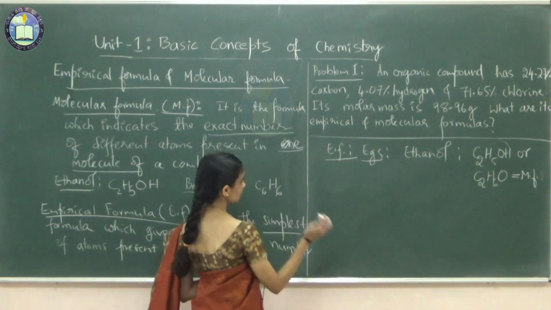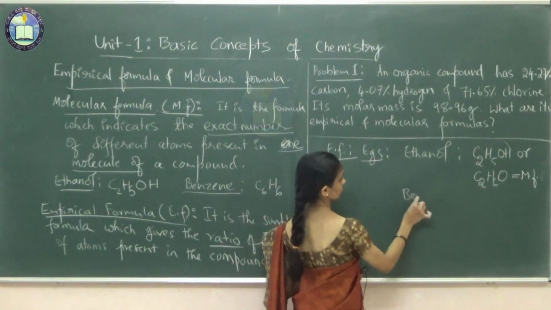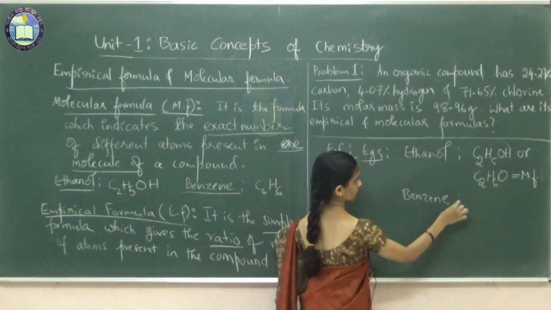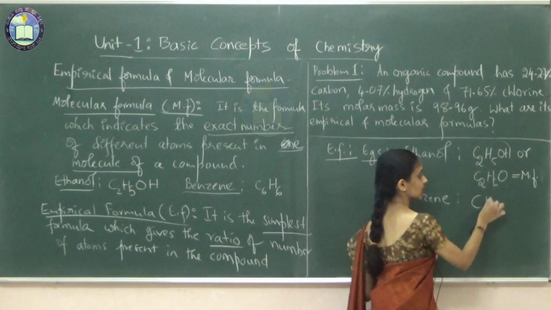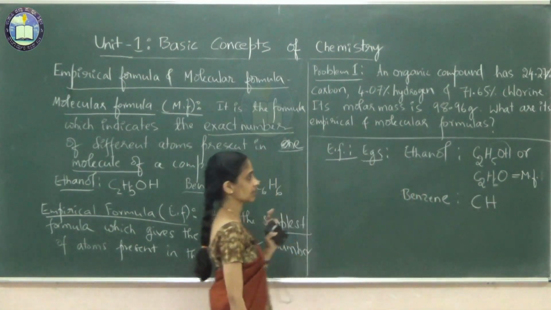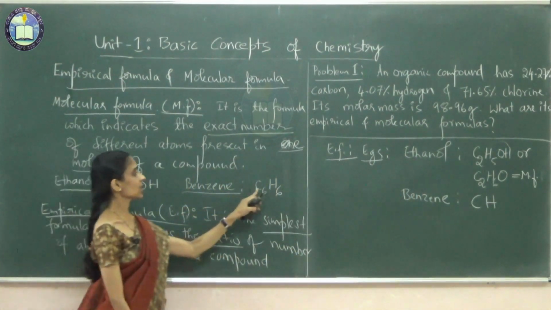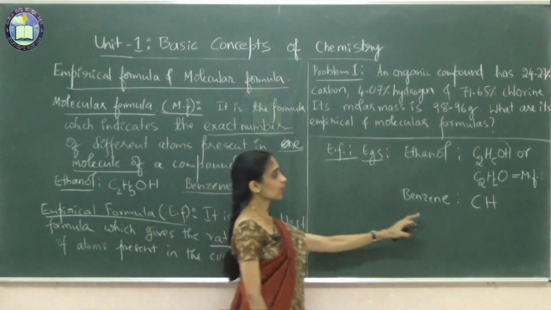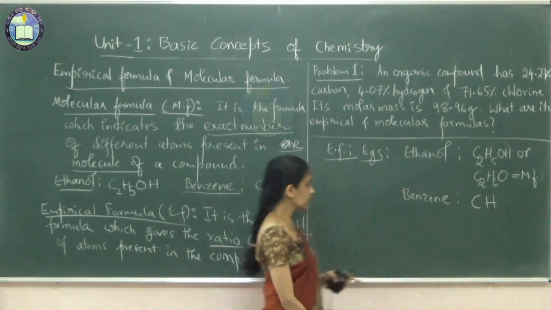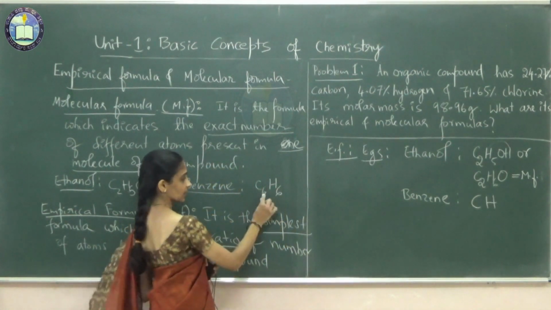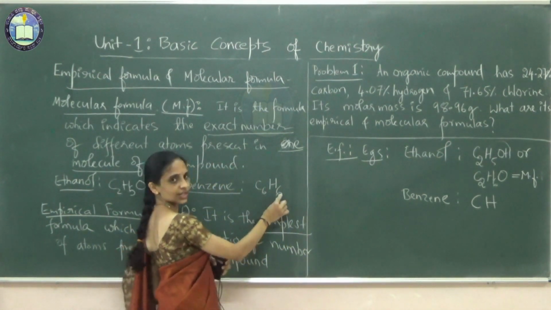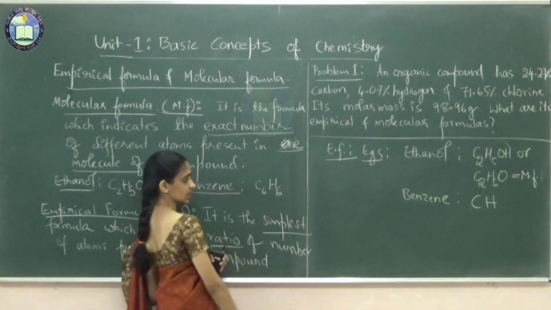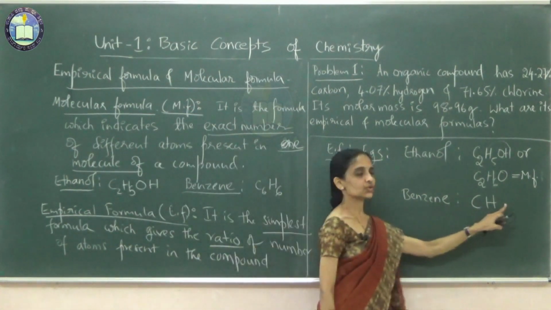But for benzene, empirical formula is CH. What was the molecular formula? C6H6. Empirical formula CH. Because you can simplify this particular ratio. 6:6 is nothing but 1:1.